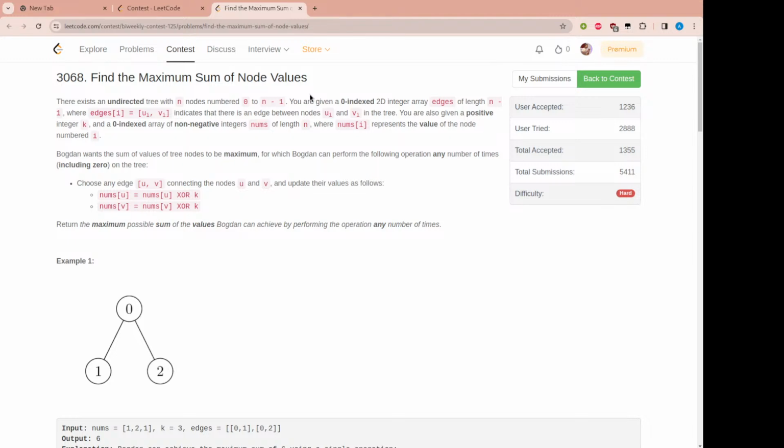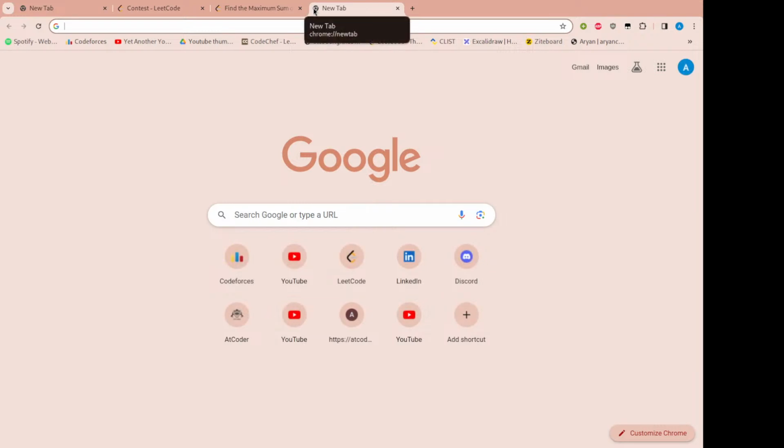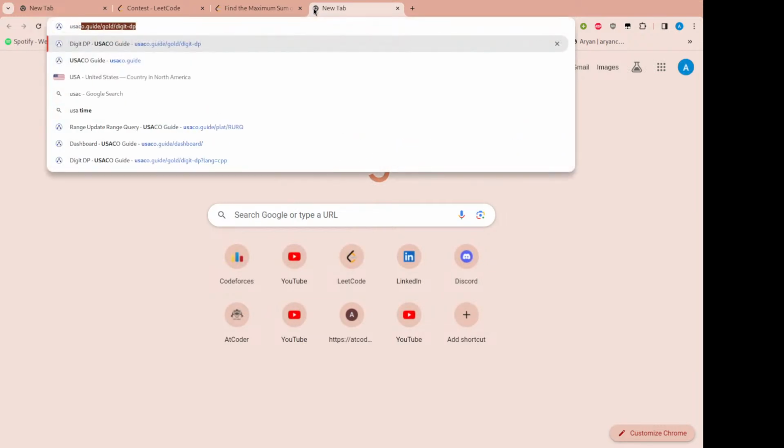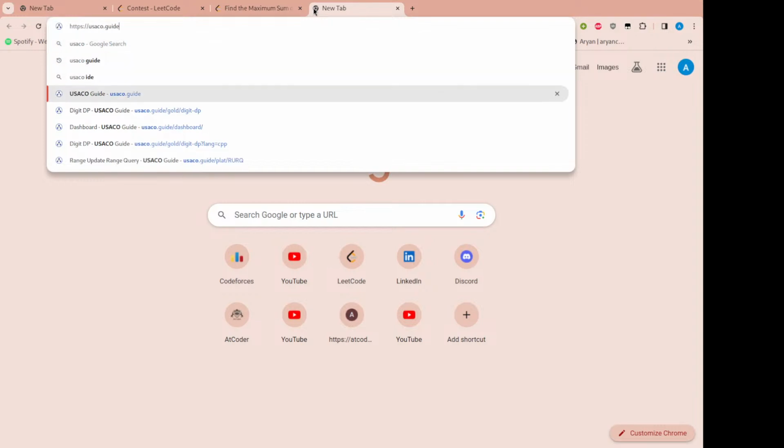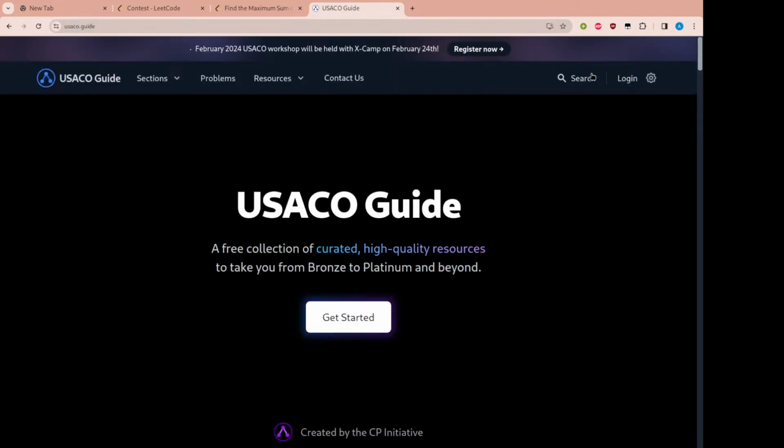I will wait a minute more if anyone has any questions, or then I will move to the last problem. So for centroid decomposition, you can check out our guide.